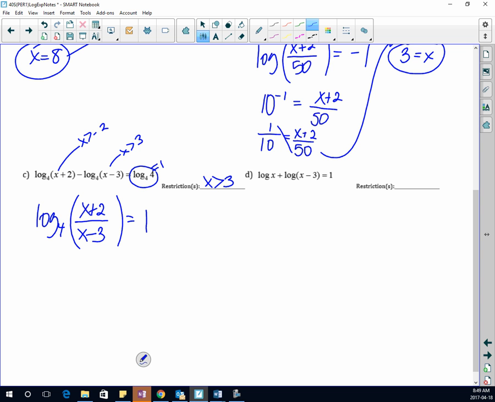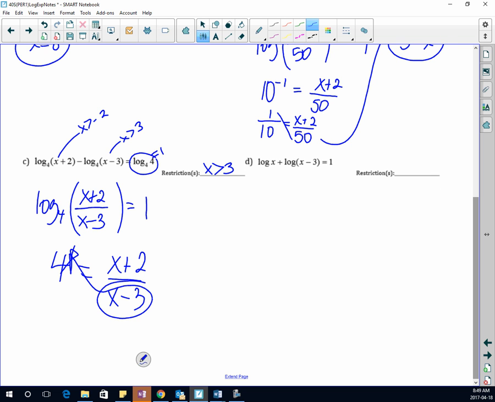So next step. 4 to the power 1 equals x plus 2 over x minus 3. Cross multiply. Yes? 4 to the power 1 times x minus 3 is 4x minus 12 equals x plus 2.